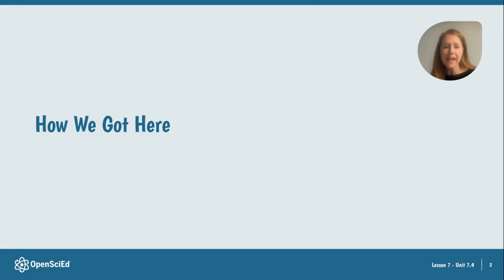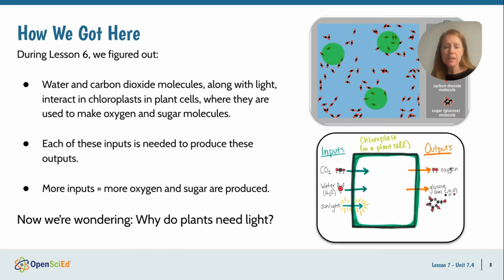First, let's look back at how we got here. In Lesson 6, the students used a simulation to investigate what is happening inside a chloroplast of a plant cell. And we figured out that water and carbon dioxide molecules, along with light, are interacting in the chloroplasts. So the molecules are breaking apart and their atoms are rearranging into sugar and oxygen.